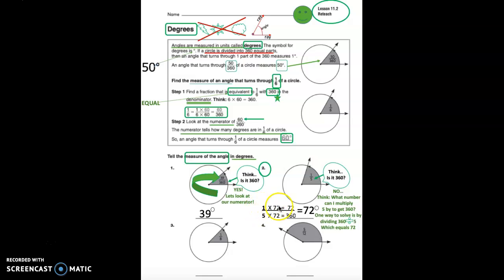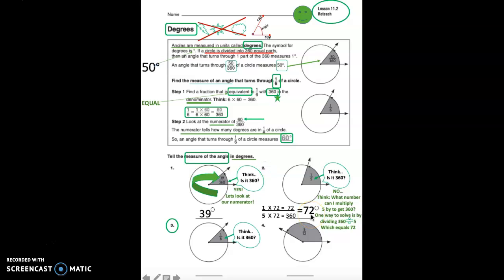So 1 times 72 equals 72, and 5 times 72 equals 360. Now that I have my denominator of 360, all I need to do is look at my numerator. My numerator is 72. I know that 1/5 of my circle is 72 degrees.